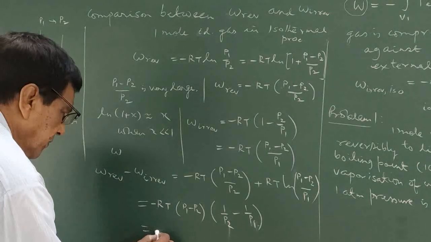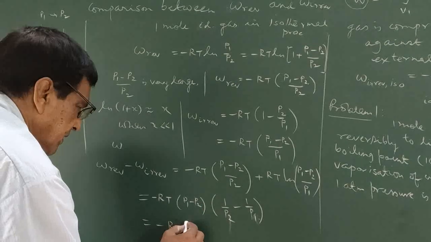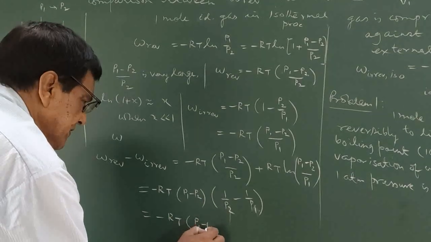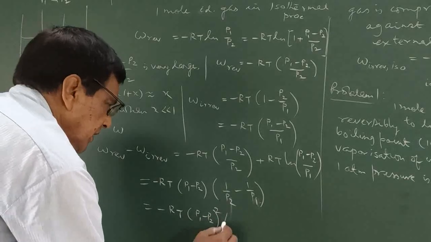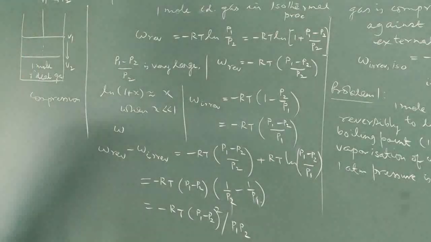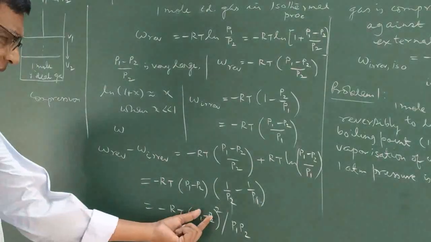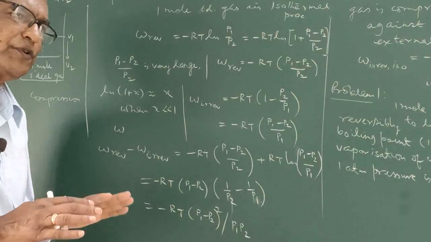Or we can write minus RT, and when this subtraction is done, then P1 minus P2 whole square divided by P1 P2. Since it is the square term, whichever of P1 or P2 may be greater, we need not know.